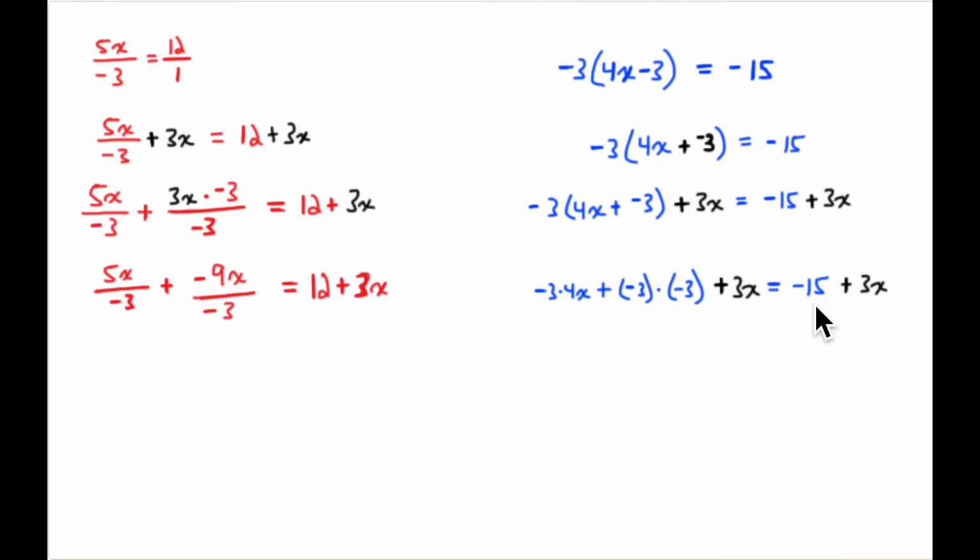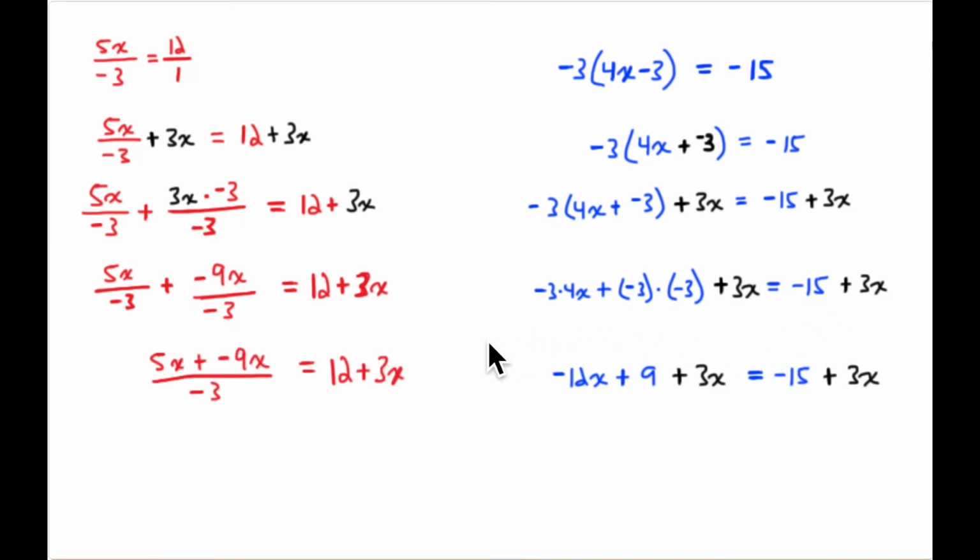Over here is a negative 15 plus this 3x. So just continuing, I'm taking care to do the same operation to both sides of the equation. So now I can add these numerators together, so negative 9x plus 5x. And on this side, this has now become a negative 12x.